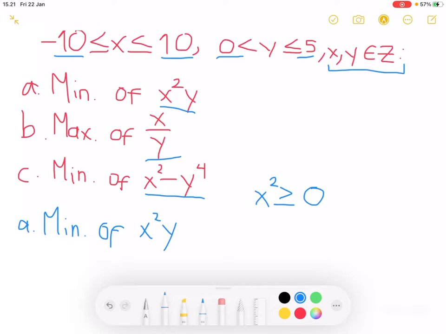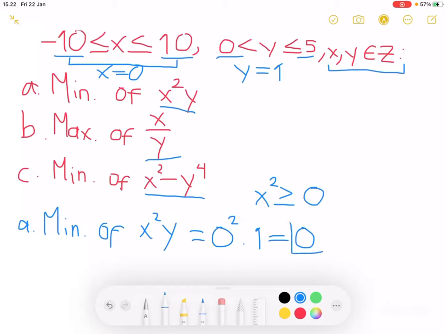However, it's the next integer, which is 1. And for x squared, you can just take 0, because if we take something like negative 10, we have 100, and then 100 times 1 is not really the minimum value. However, x equals 0 does lie in this interval, so this is equal to 0 squared times 1, which is just 0 right there.